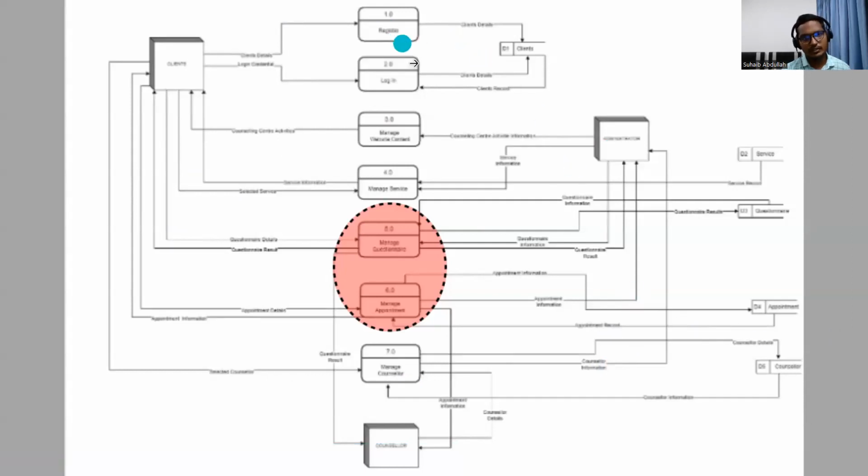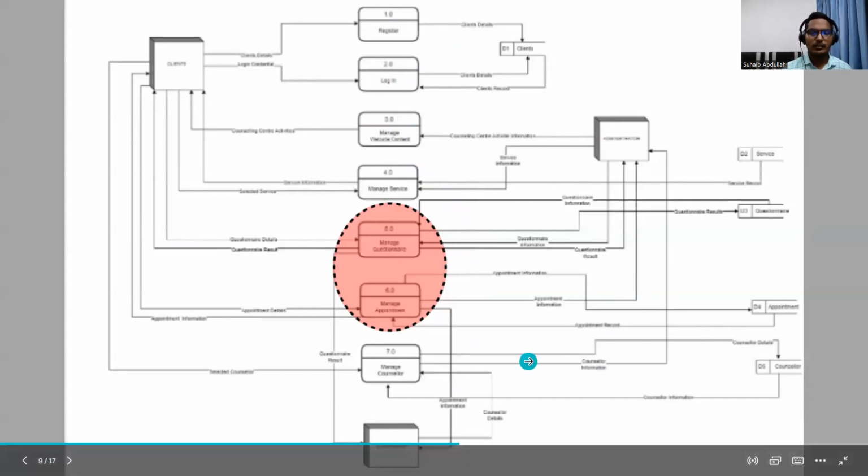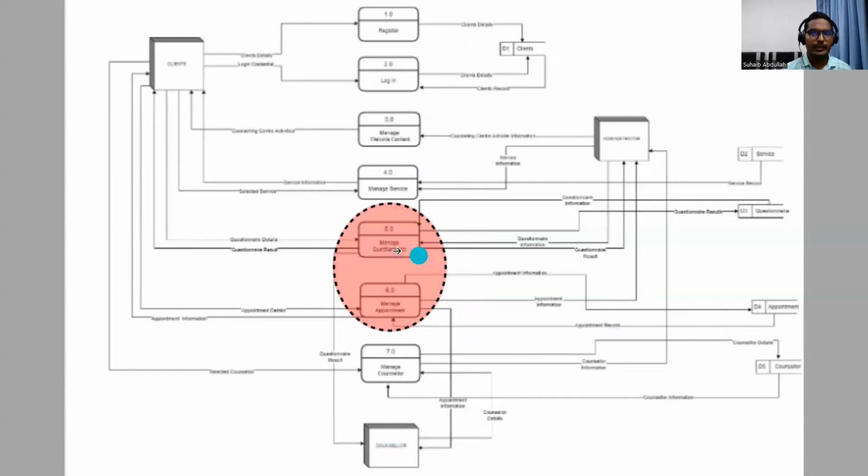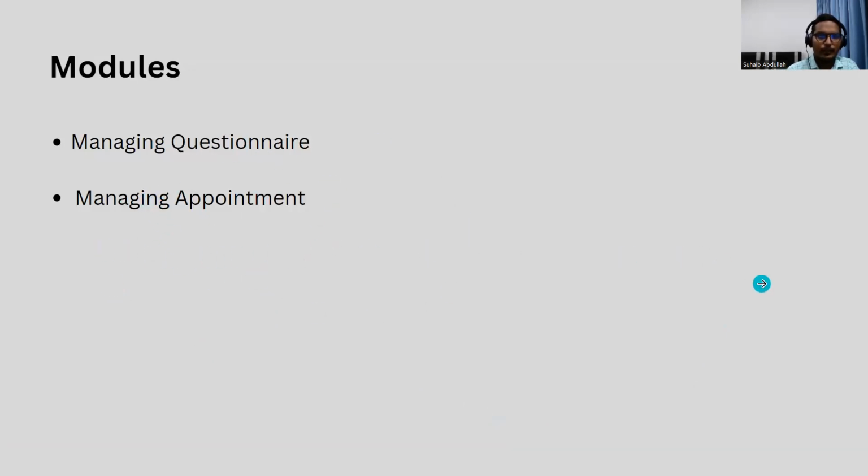First is registration, second is login, third is managing website content, fourth is managing service, fifth is managing questionnaire, then managing appointment, and finally managing counselors. In my portion of the project, I did the managing questionnaire and managing appointment parts.